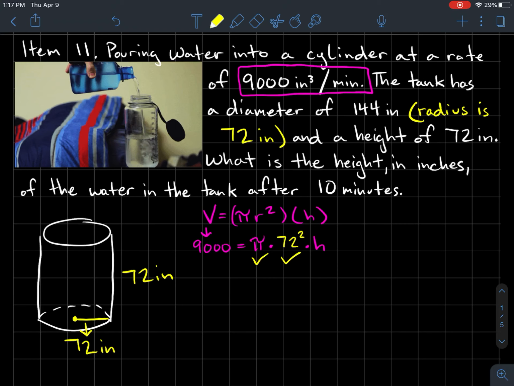We're going to square our 72, and then we're going to rewrite what goes into our next line. So we know pi for Big Ideas Math is going to be 3.14159. But now we need to worry about that 72 squared. So let's see what 72 times 72 is. It's 5,184.